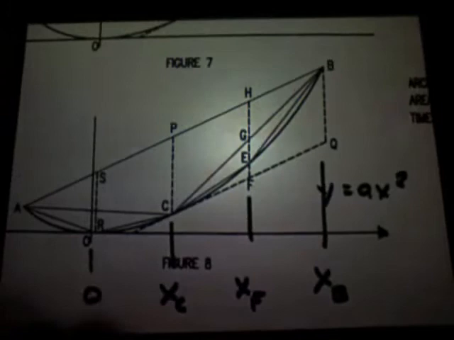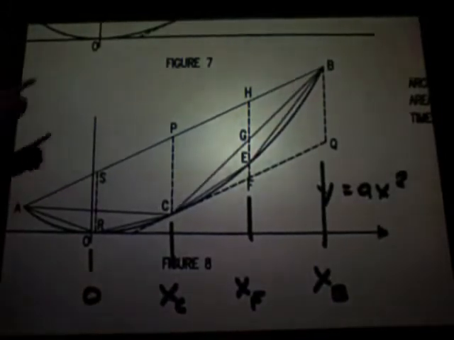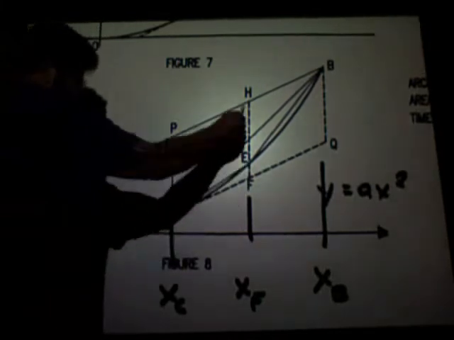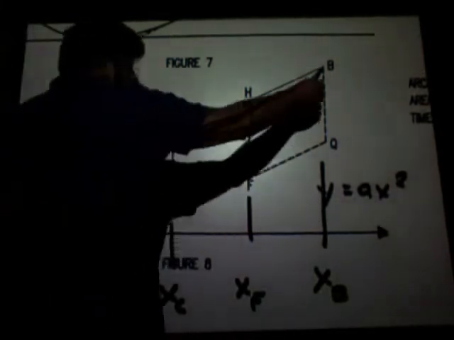On the other hand, BQ. Is it obvious that PC, HF, and BQ all have the same length? Okay? So if I'm trying to show that FE is a quarter of this, it'd be okay to show that it's a quarter of that as well, right? So let's see how long BQ is.